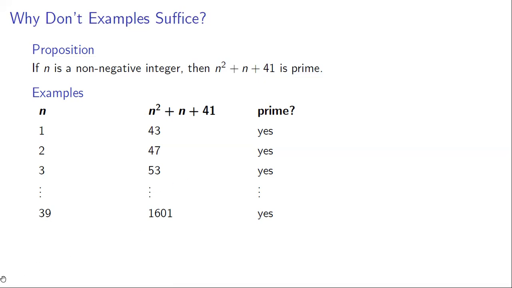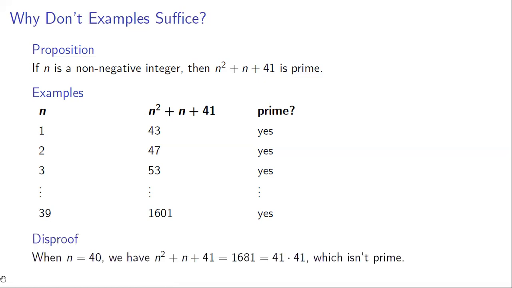So question, is this proposition true? Well, it's actually not true. And here is a disproof of the proposition. A disproof is basically a proof that the proposition is false. So it disproves the proposition.